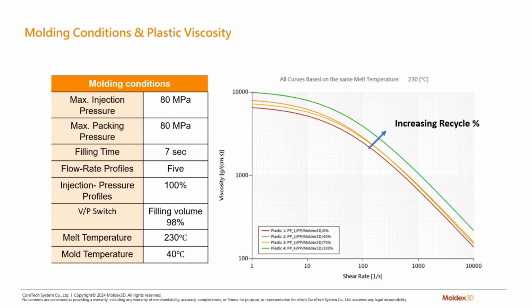In the process of remelting the recycled plastic, there will be some chemical reactions to increase the molecular weight. Various reasons may cause the viscosity of the recycled PP to increase, but subsequent comparisons will only be made between virgin PP and 100% recycled PP.